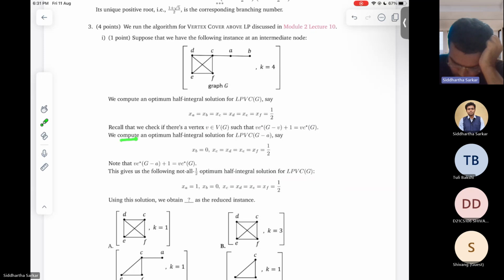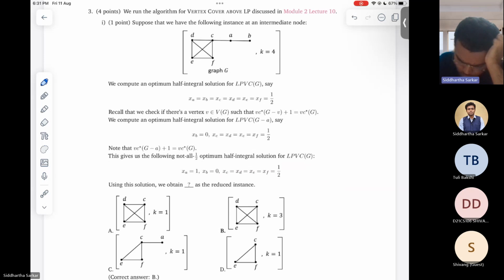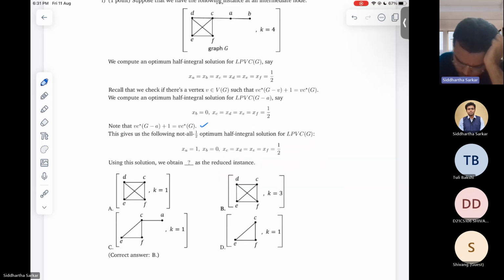For example, here they are removing A. After removal of A, we are left with this reduced instance. Anyway, let's look at the question first. They are saying that removal of A is able to satisfy this equation.